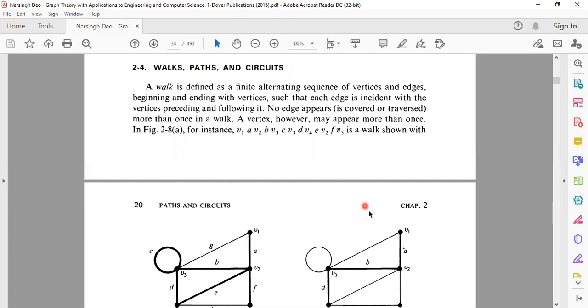What are the connections between these three items? If we consider walk, then path and circuit are two types of walks. So they are connected in this particular fashion. Walk is the mother, and these are the two siblings, path and circuit. We are going to learn about them here. First of all, let us start with the definition of walk.